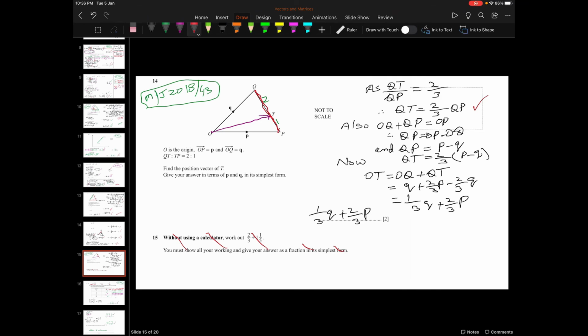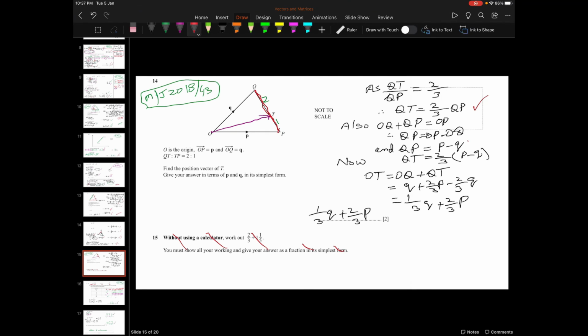Also, OQ plus QP is equal to OP. I have used tail to nose rule. Therefore, QP is equal to OP minus OQ. Now substitute the value of vector OP and OQ.